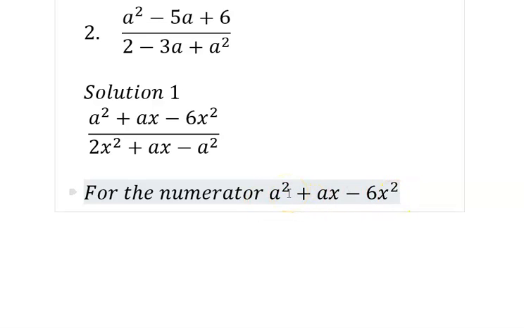Now, if you remember quadratic equations, if you actually want to factorize, you have what we call product and sum. For product this time around, it will be what we have at our extreme left and what we have at our extreme right. Then for sum is what is in the middle.